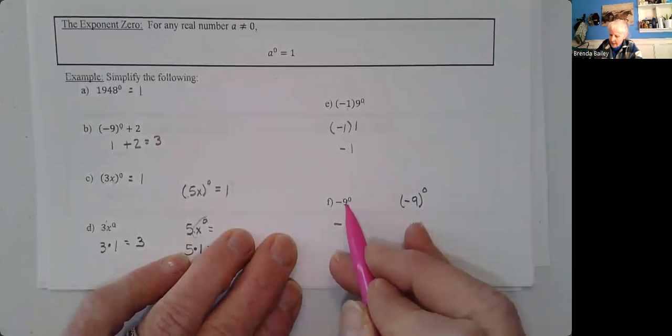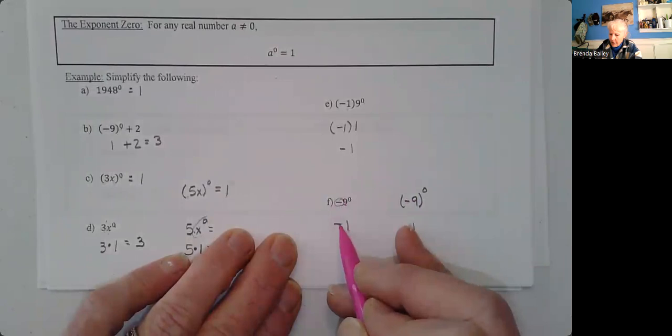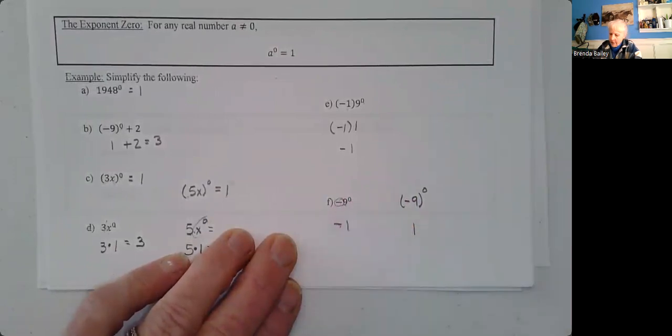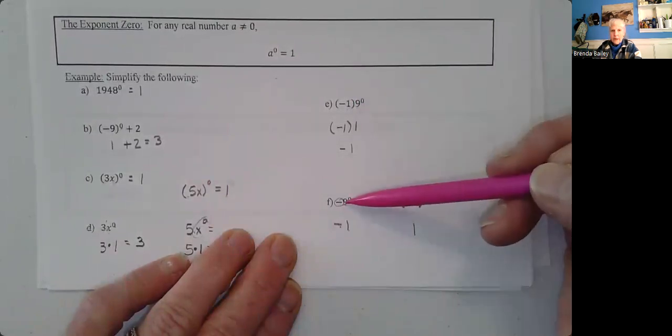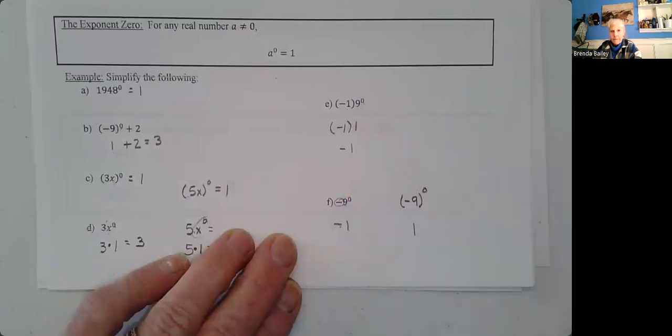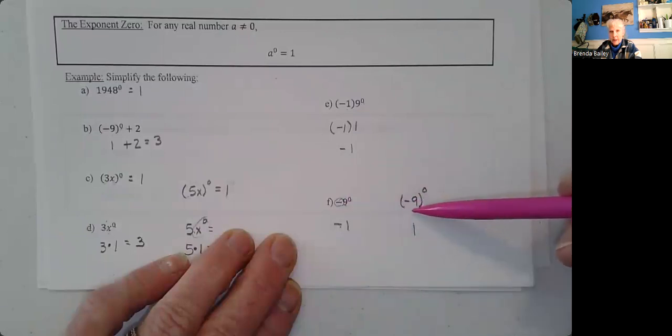Here, the 9 to the 0, and then this negative is not a part of that 0 power, so it stays. This is another way of writing this right here, a -1 times 9 to the 0. All right, so again, recognize the difference between these.